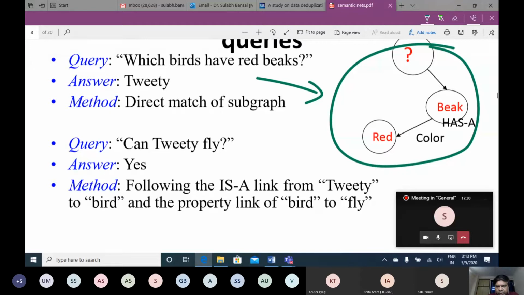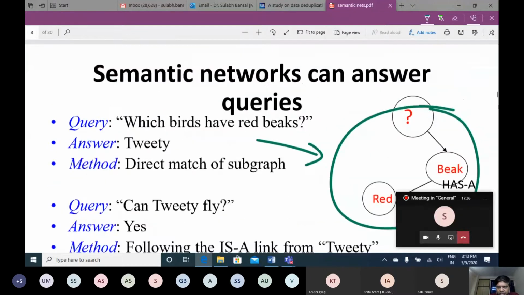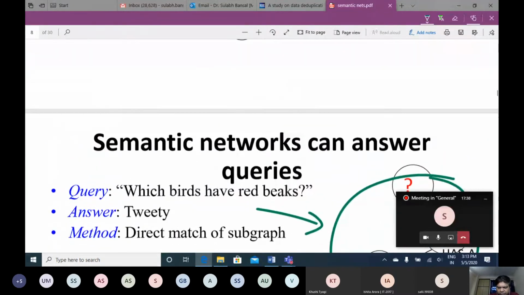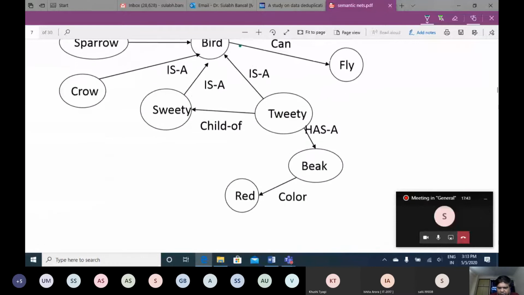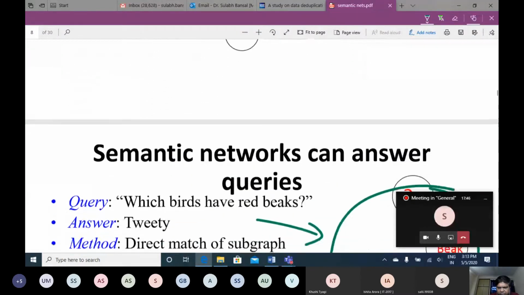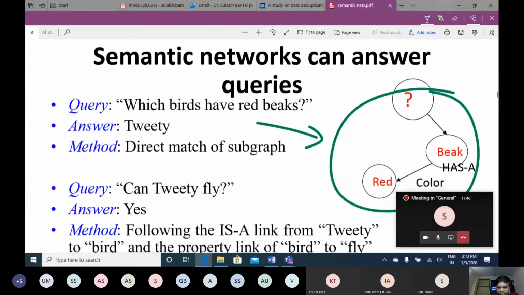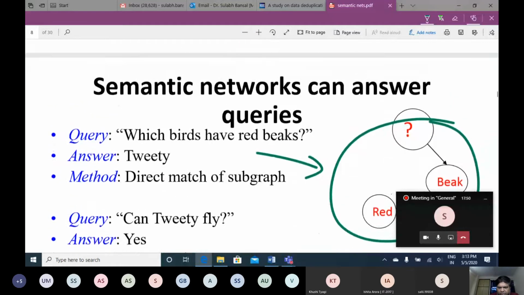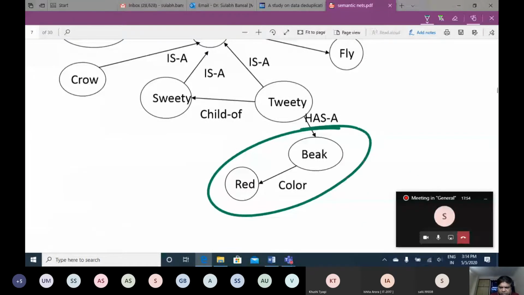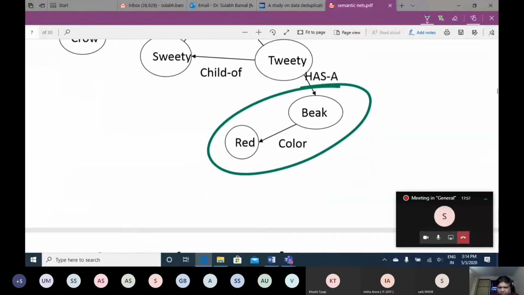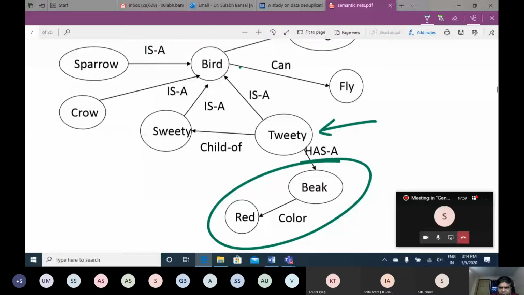Then you can match your existing knowledge, for example the one we have just seen earlier, and look for that subgraph, trying to match the graph which has this part, red and beak. If this relationship is present like this, it is the same relationship, and this gives you the answer.